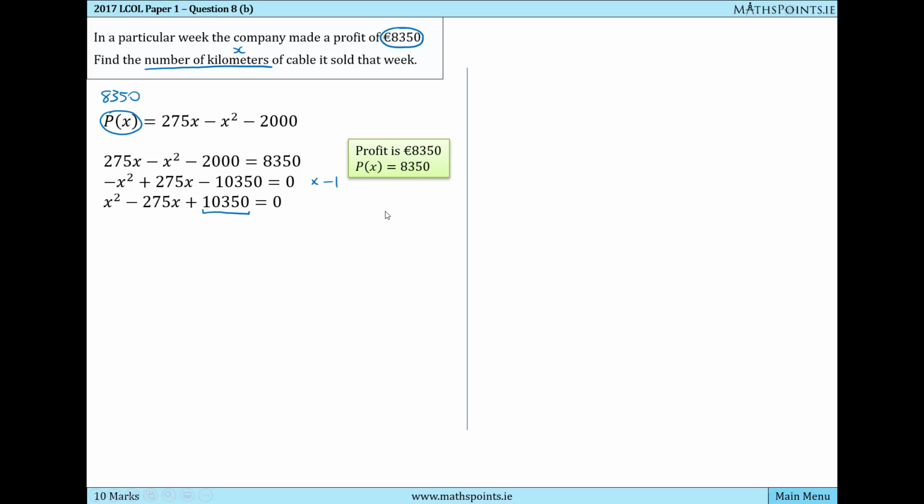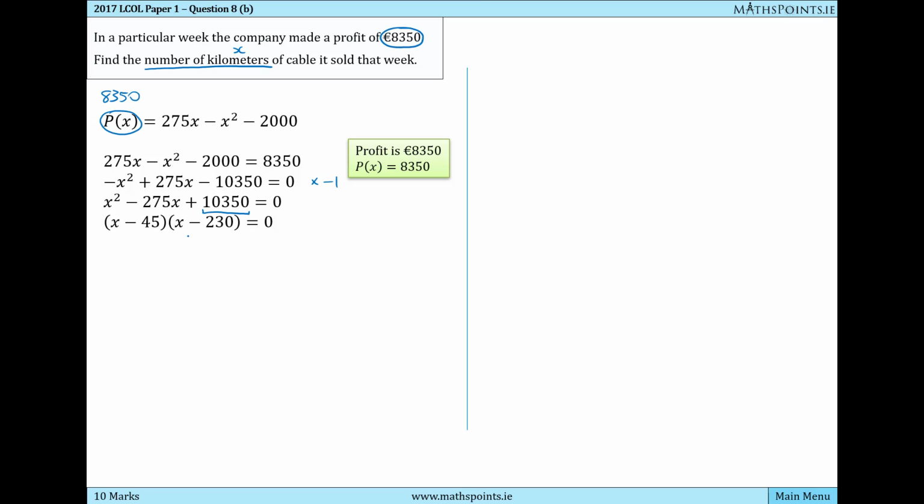So after a bit of playing around, I figured out that 45 times 230 gives me 10,350. And again, that's not a multiplication sum that we're going to know just off by heart, and so it is important to know that we can always just go and use the minus b formula.